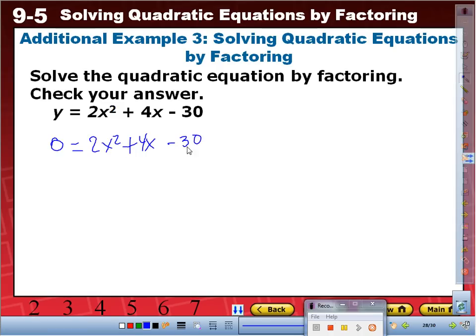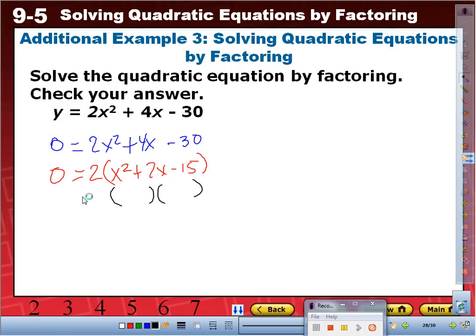Mel, what's my next step? Oh, Alyssa? So factor, but the greatest common factor is 2. So let me see what I'm left with. X squared plus 2x minus 15 equal to 0. And can we factor this one right here inside? Yes.